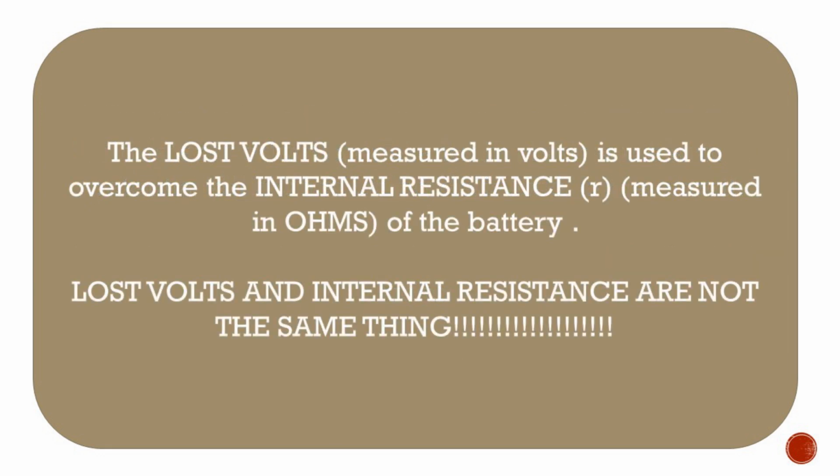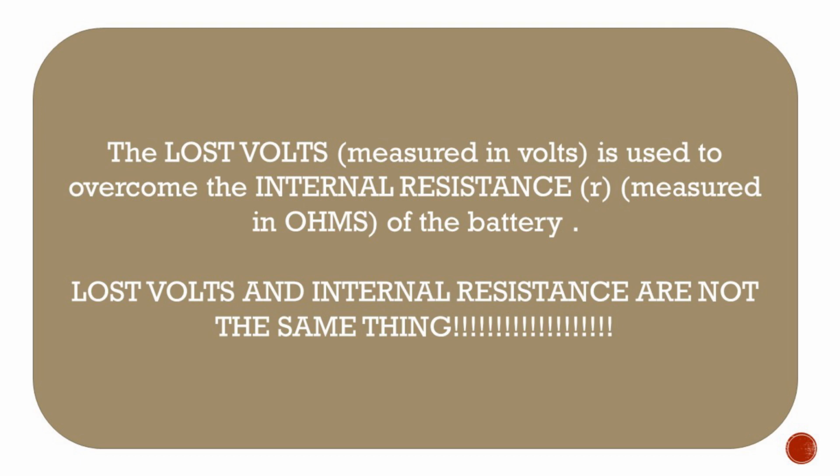And the lost volts are the volts that go into the battery to make the reaction take place, to overcome the internal resistance. Please remember, lost volts and internal resistance are not the same thing. The lost volts, measured in volts, is used to overcome the internal resistance, measured in ohms.